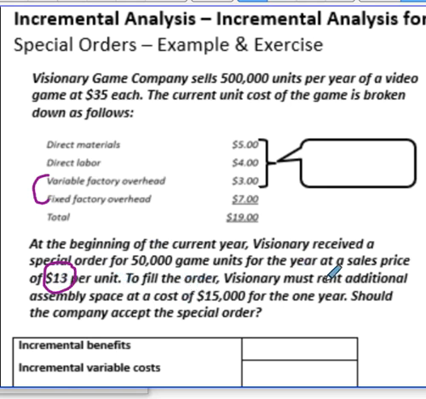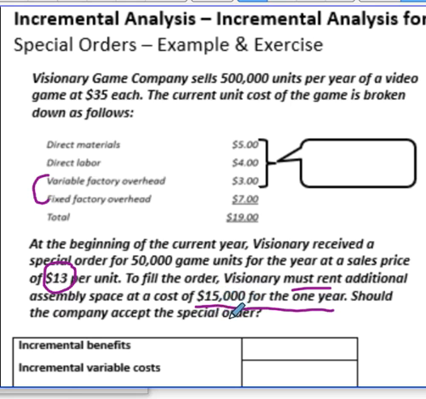To fill the order, Visionary must rent some additional assembly space at the cost of $15,000 for that 1 year it fulfills the game units. The question is then, under those circumstances, seeing our cost behavior and these incremental costs too, should the company actually accept the order?